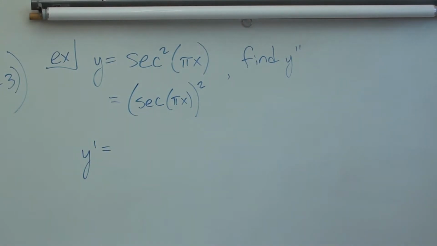We're going to check your y prime, and then we'll move on to y double prime. Ooh, this is going to be tough to simplify. Actually, no, that's pretty simplified right there.